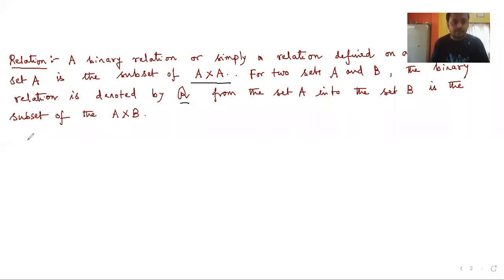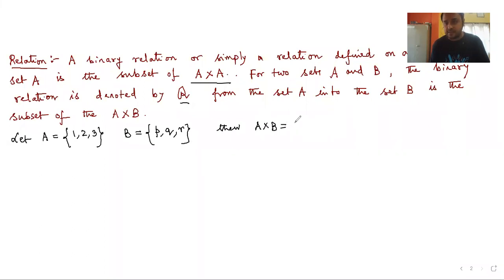For example, I can consider, say, let capital A be equal to {1, 2, 3}, and capital B be the set {p, q, r}. I'm considering, for the time being, a very simple example. Now you very well know that the Cartesian product A cross B will be given by this.